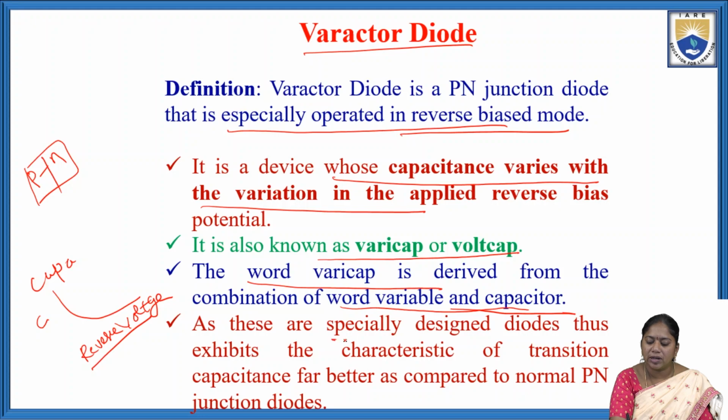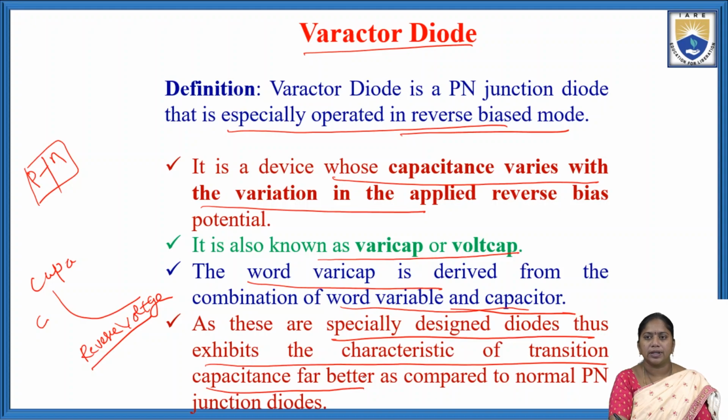As these are specially designed diodes, they exhibit the characteristics of the transition capacitance far better as compared to normal PN junction diodes.